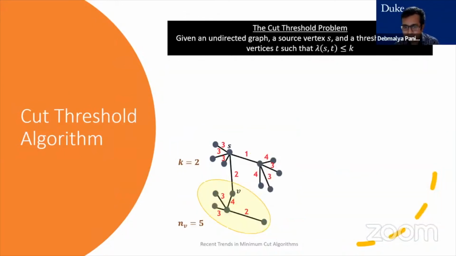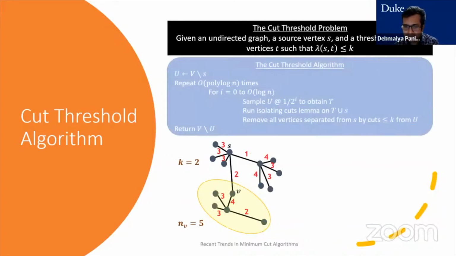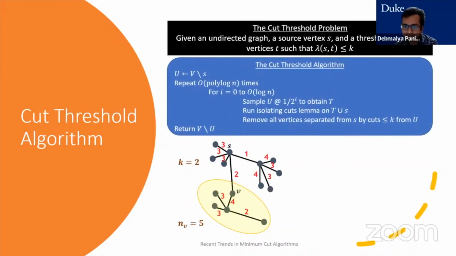Okay. So to answer this, let's first look at the overall algorithm. So what's my overall algorithm? Here's the algorithm. I start off with this set of vertices U, which is everything except s. I will remove from U every vertex that I have already identified as an answer to the cut threshold problem.